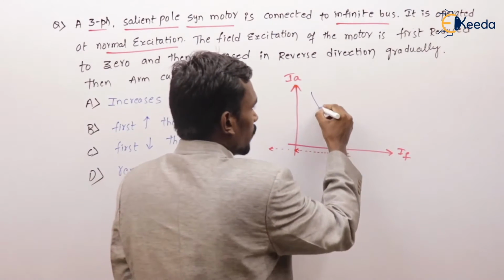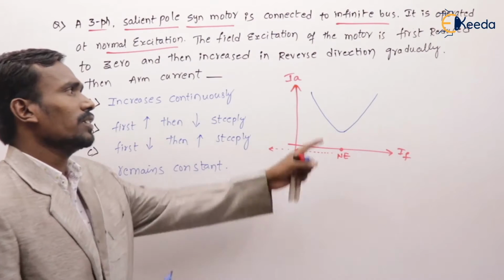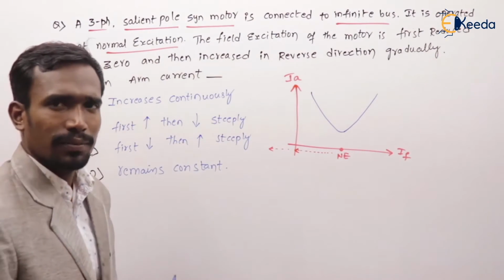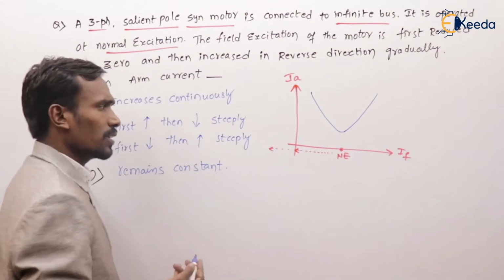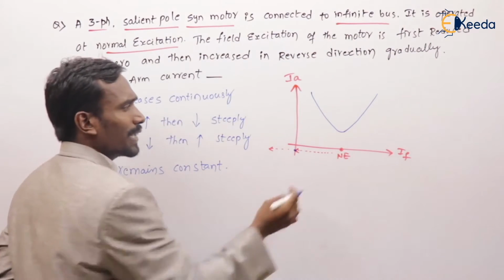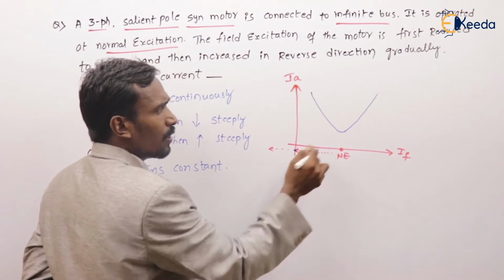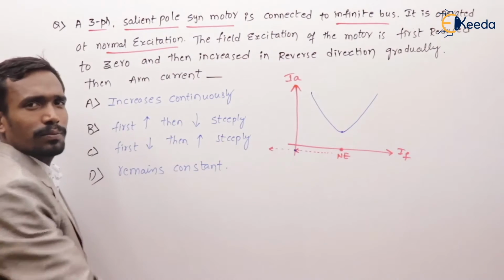From the V curve, this is the graph between armature current and field current. At normal excited condition, the excitation is reduced to 0. When excitation is reduced to 0, the armature current increases to maximum.